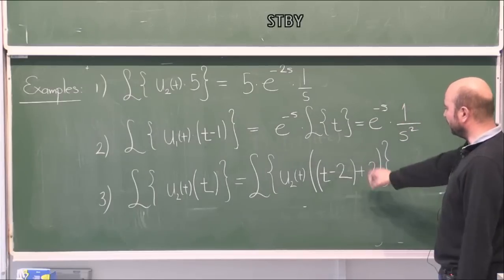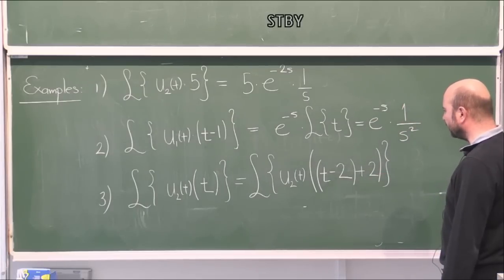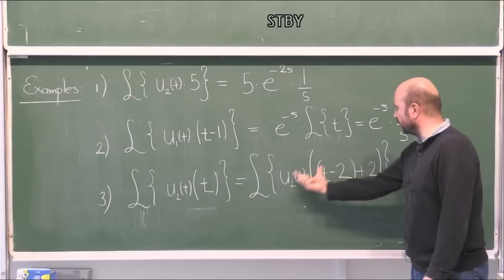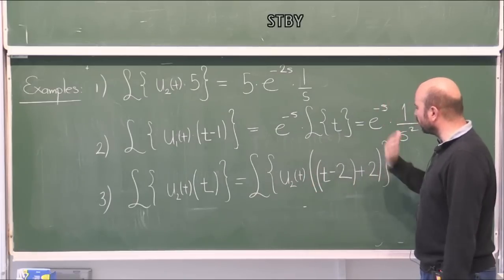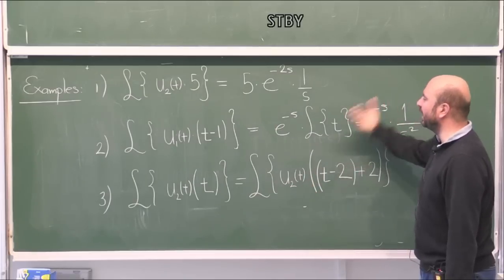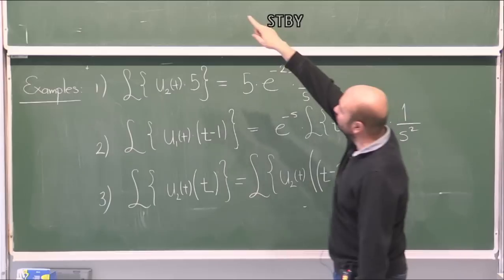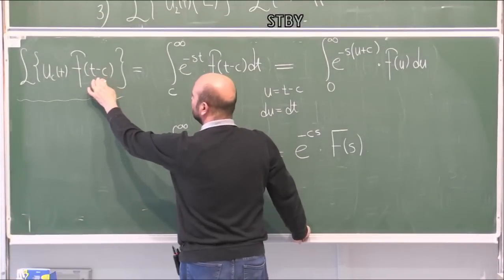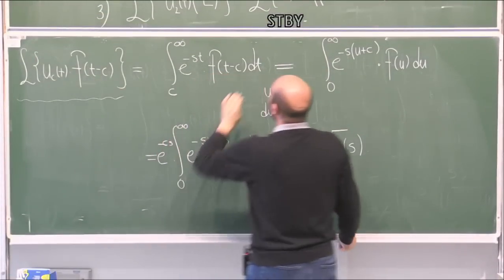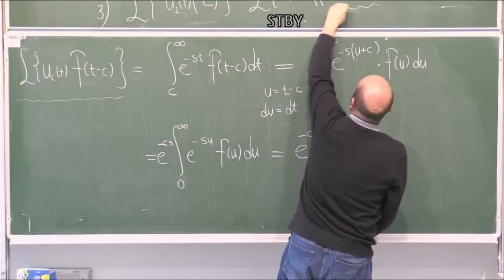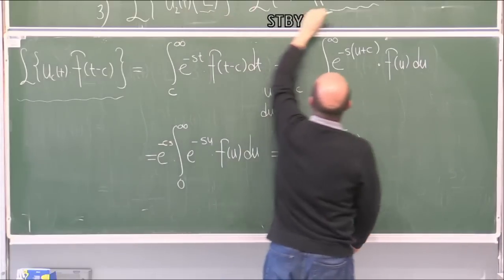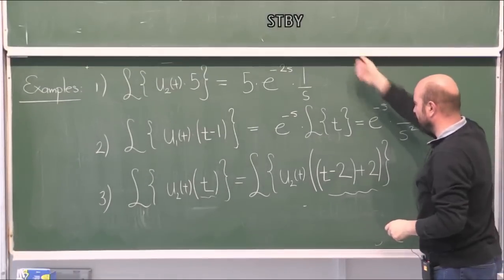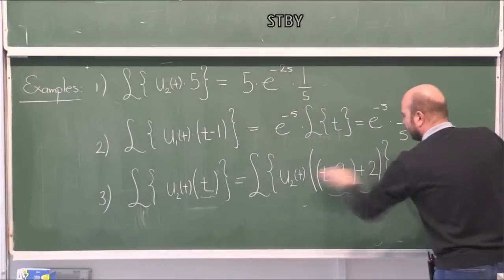Now the function next to u2(t) is written in terms of t minus 2. Like your function f is written in terms of t minus c, here my function t is written in terms of t minus 2. So now we can use the formula.